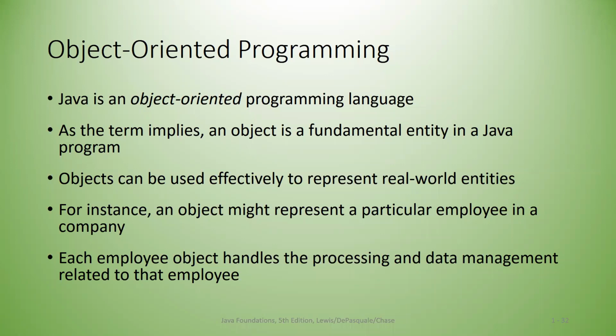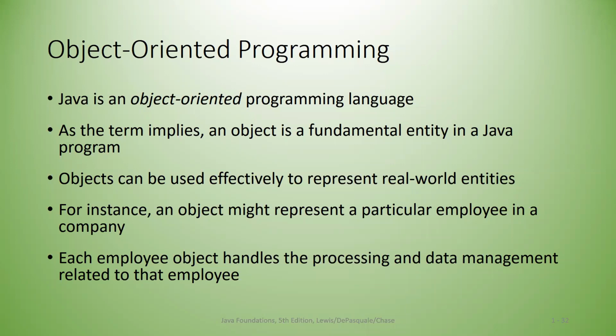Java is an object-oriented programming language. An object is a fundamental entity in the Java program. Objects can be used effectively to represent real-world entities. For instance, an object might represent a particular employee in a company.